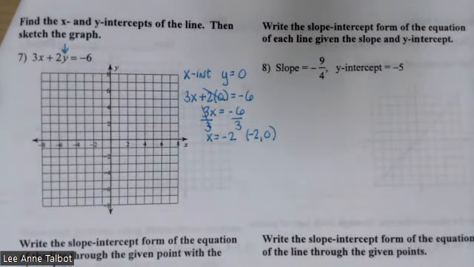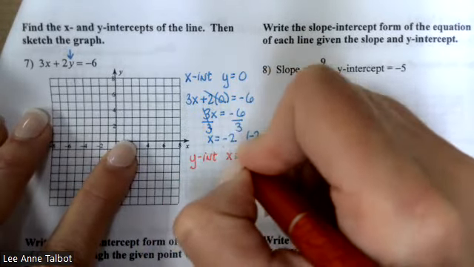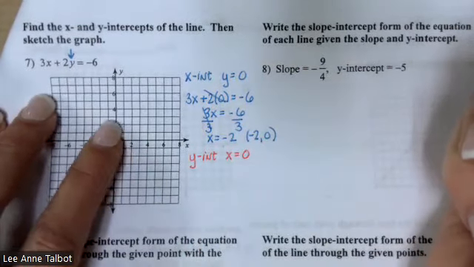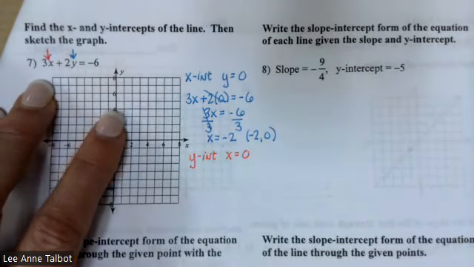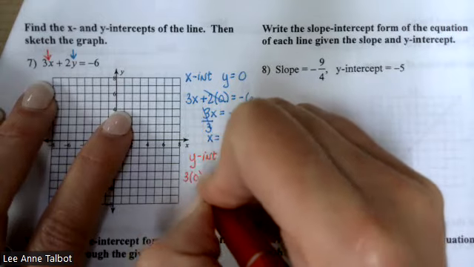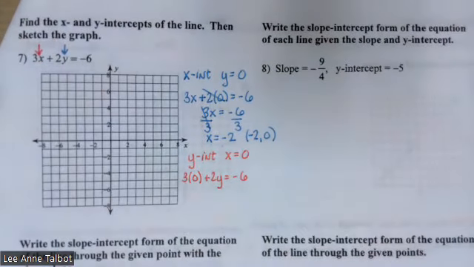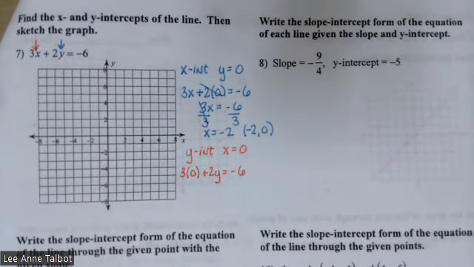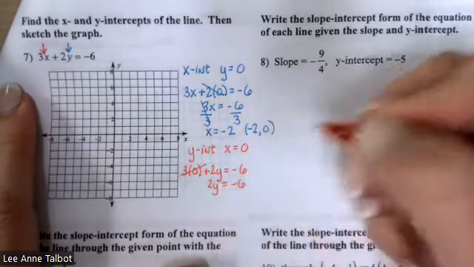Okay, now I'm going to switch colors for fun. For the y-intercept, it's the opposite, x equals 0. Three times 0 plus 2y equals -6. Two y, so this goes away. 2y equals -6.